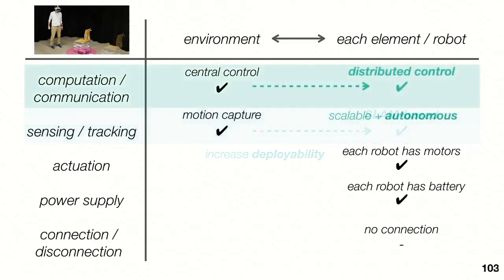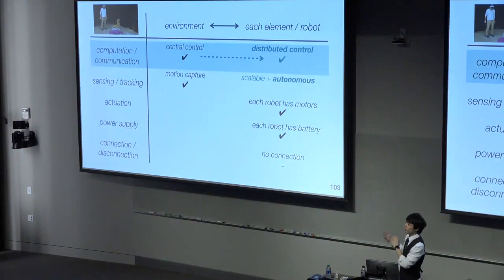It's also interesting to see how we can move away from central control and distribute the program to each robot, so that they can work in a more scalable as well as autonomous way.